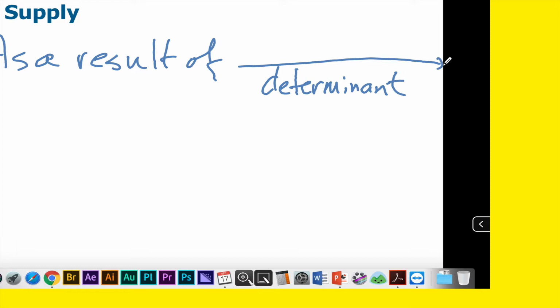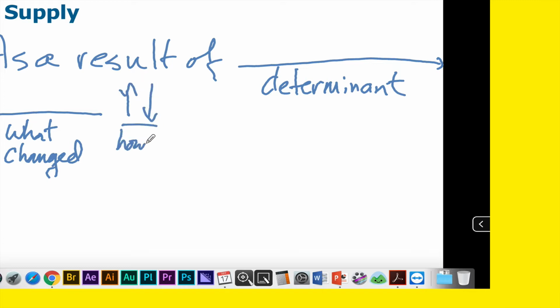It's comma, not an arrow. What changed? This is up or down, so that's how it changed. Ceteris paribus. Force yourself to write this down.